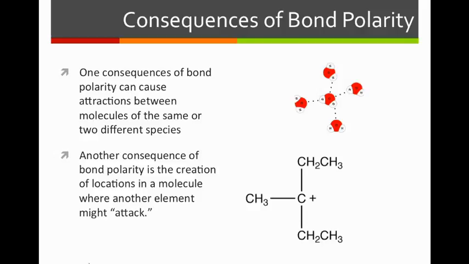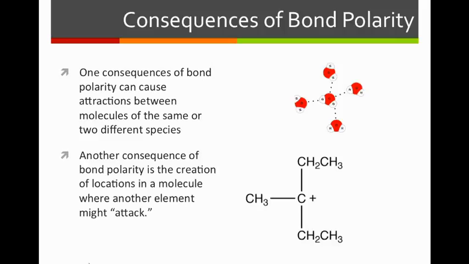Now, the consequences of bond polarity allow for attraction between molecules of the same or molecules of two different kinds. Another consequence of bond polarity is the creation of places in a molecule where another element might attack.